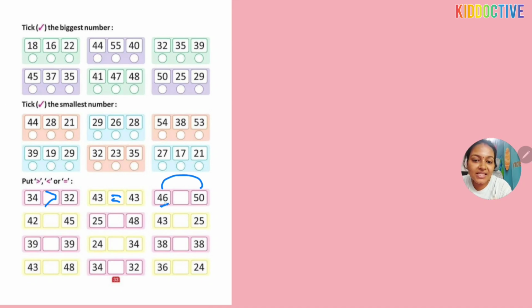If the first number is less, we are going to put the less than symbol here. Okay? 42 and 45. The numbers are starting with 4. So we are going to check the next number 2 and 5. So 2 is less than 5. So 42 is less than 45. Okay?